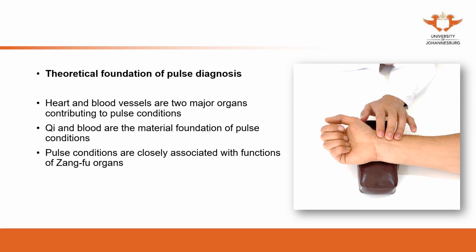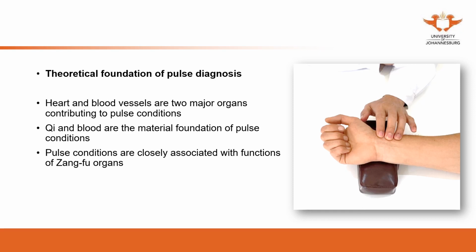So in order to have a normal pulse feeling, we need to have a normal heart function, especially the heart yang and heart yin. We also need to have a normal vessels function, because the vessels are where the blood travels.